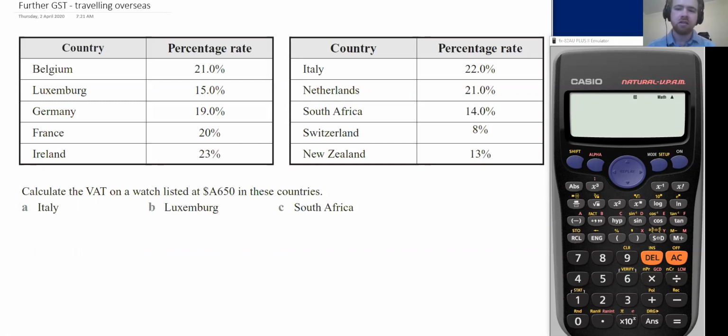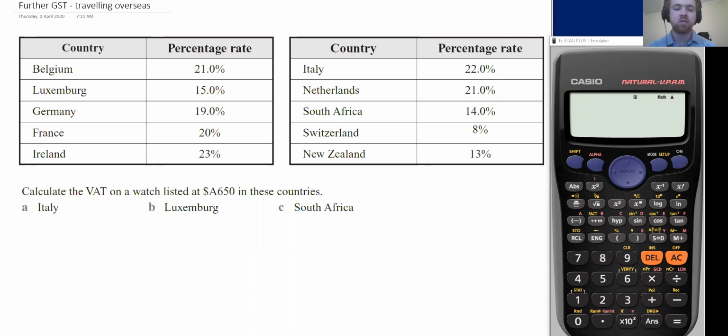So you can see here's a list of different countries. We've got countries like Belgium, which have a GST rate of 21%. You can see here in most of these countries, the GST is higher, so they have a higher tax on their goods and services. Now, this may not mean that taxes are generally higher. They might have less tax on other things like property and income, etc., or they might have more too.